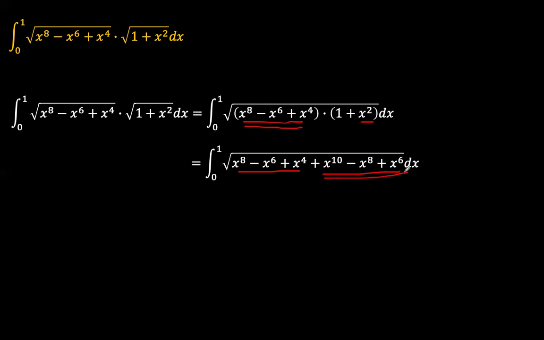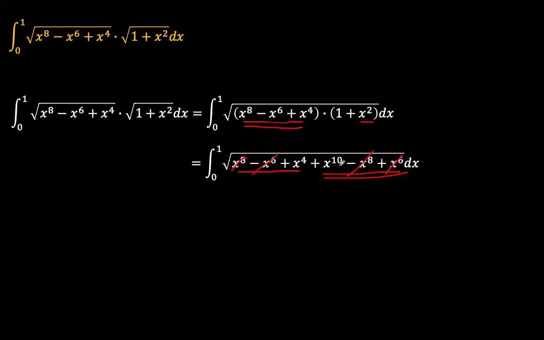And then the same part here times this, right? So x to the power 8 times x squared is x to the power 10. Minus x to the power 6 times x squared is minus x to the power 8. And plus x to the power 4 times x squared is x to the power 6. Now what we see here is this one here and this cancel, and this cancel, right?